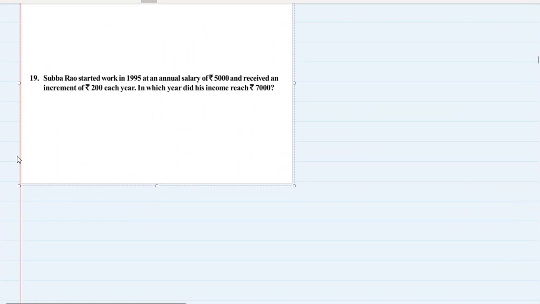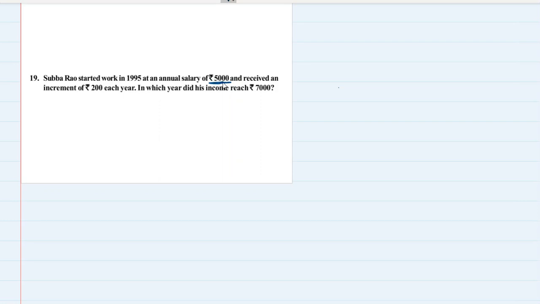Subba Rao started work in 1995 at an annual salary of rupees 5,000 and received an increment of rupees 200 each year. Okay, so his annual salary was rupees 5,000.